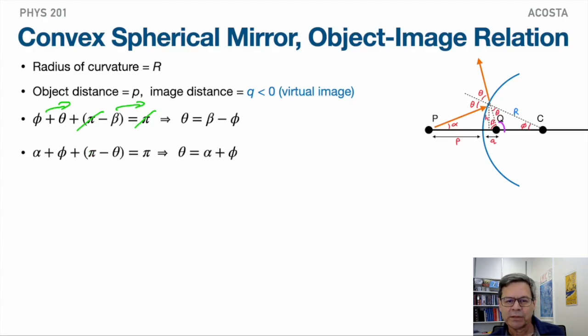Okay. Likewise, I can pick another triangle. Let's take the one from the object now, which has angle alpha. That's the angle from the optical axis to the point of reflection on the mirror surface. I can add to that angle phi. So I'm talking now about this large triangle here. So here's angle phi that I'm adding. And I need the upper angle here for this large triangular region.